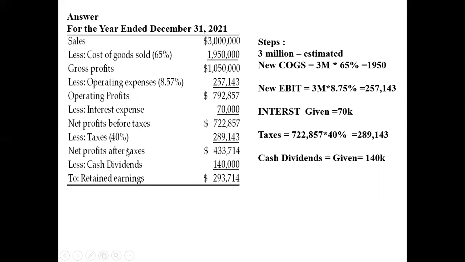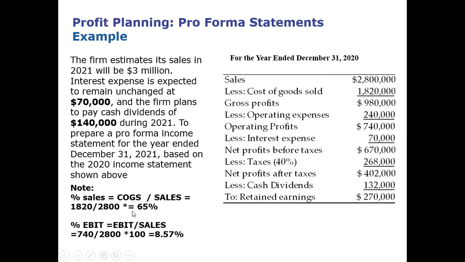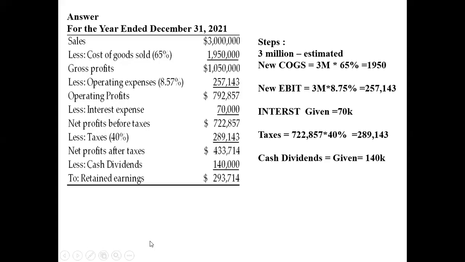So if we look here for the operating expenses, I need to estimate the sales. So the sales is the first item, which is 3 million, and then the COGS, which is 65% out of the 3 million. How can I get this? So in the previous slide, I calculated the 65, and then the operating expenses, which is 8.57, which is 240 divided by 2,800,000.